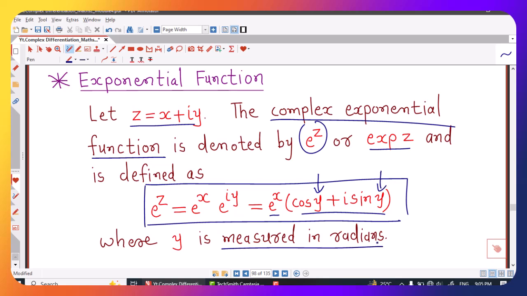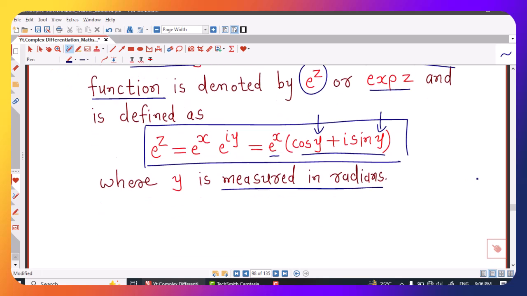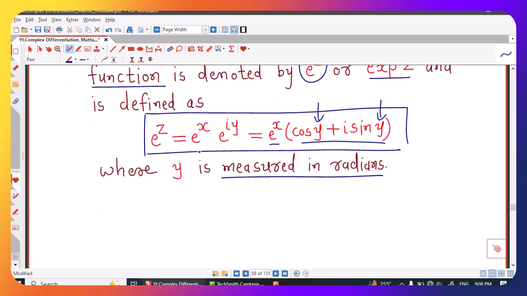So the definition is simple. You can simply put z equal to x plus iy, then you have e raised to x plus iy, that we can write as e raised to x times e raised to iy, and using Euler's formula we put e raised to iy equal to cos y plus i sin y.